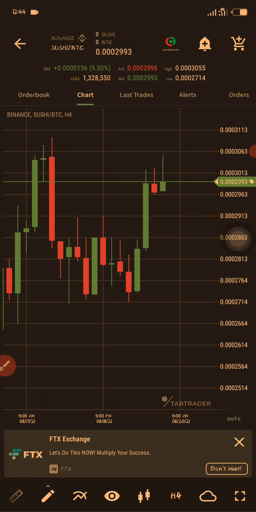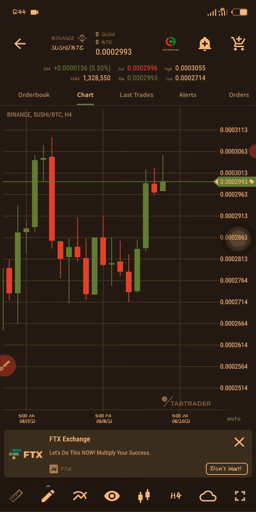Now we are opening this market. If you look at this place, we are working on 4 hours. The place I just marked, you see H4, that is 4 hours. What that actually means is that this particular coin you are seeing here opened and closed within the space of 4 hours.